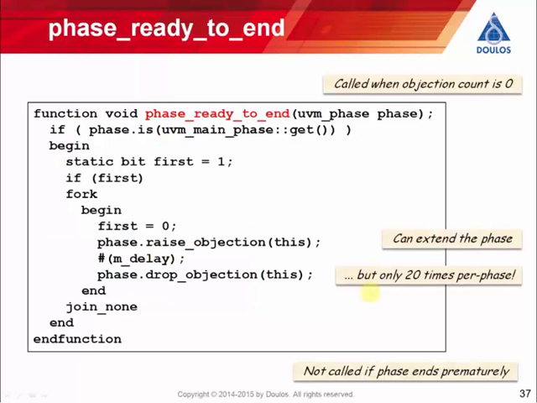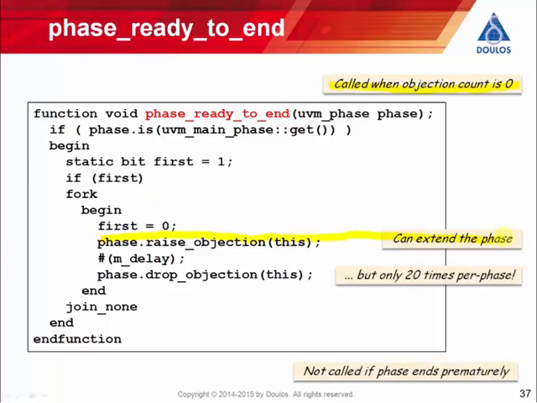So phase_ready_to_end is called when the phase is ready to end but not necessarily ended. That is, it's called when the objection count drops to 0. I like to think of it as last chance saloon for a phase. It gives a component a last chance to stop the phase ending and actually extend the phase, because it gives you a chance to raise objections.